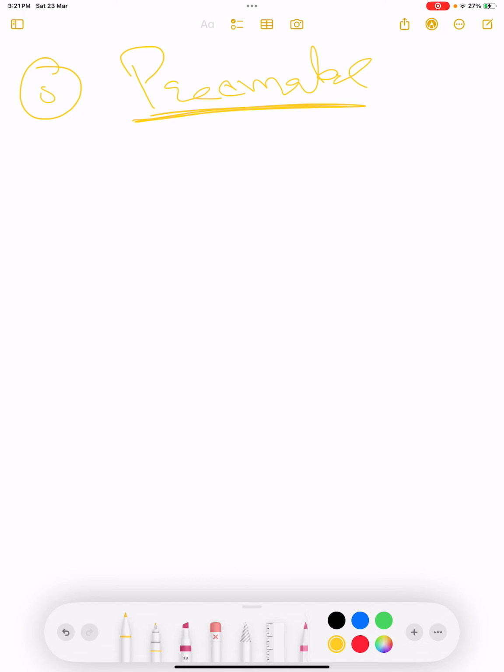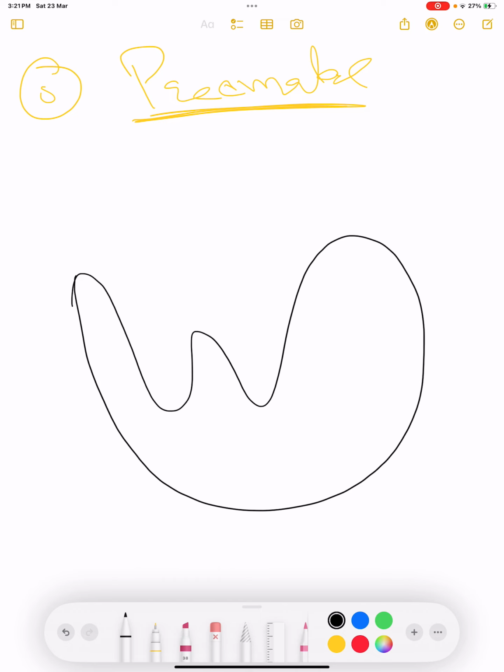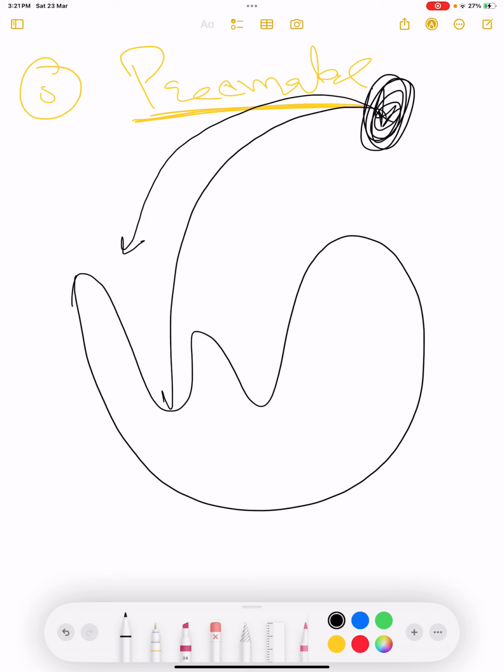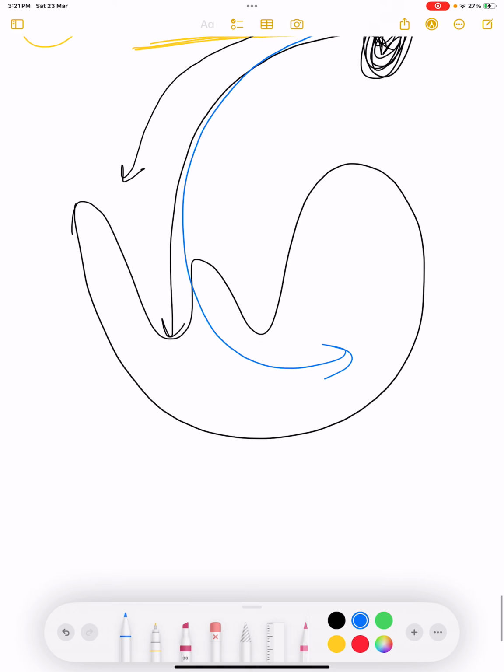Most of the pacemakers are placed on the right side of the heart. So for example, this is a pacemaker device. Usually it has leads. It can be a single lead, a dual chamber pacemaker, or a biventricular pacemaker. There are three types of pacemaker: single chamber, dual chamber, and biventricular.